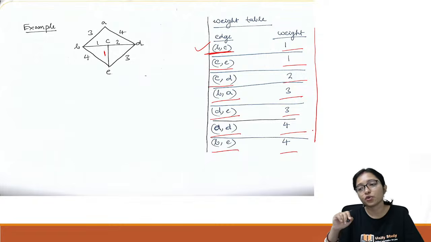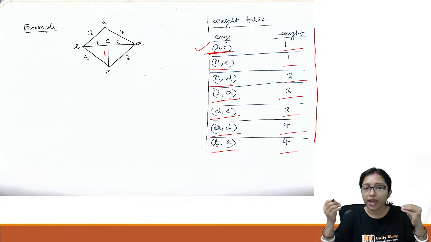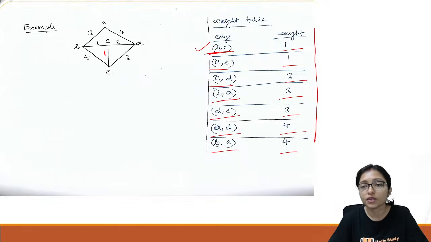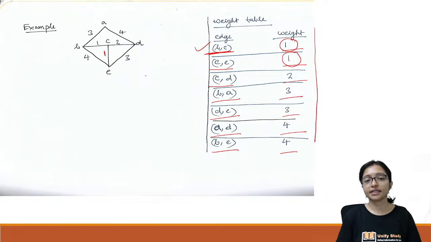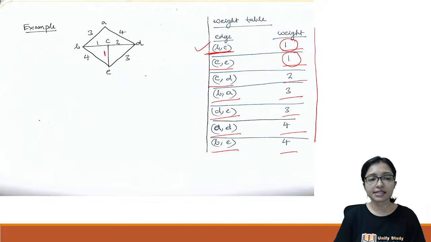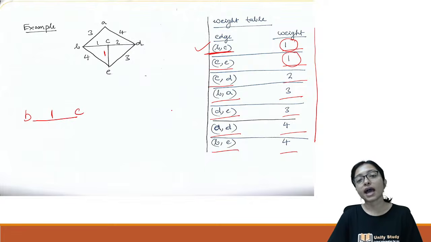After that, what do I have to do? One by one, as per minimum weight, we are going to choose. So which one is the minimum? This one is minimum, and this one is also minimum. That's why there are two possibilities. Either I can start with BC, that is 1, or I can start with CE also.